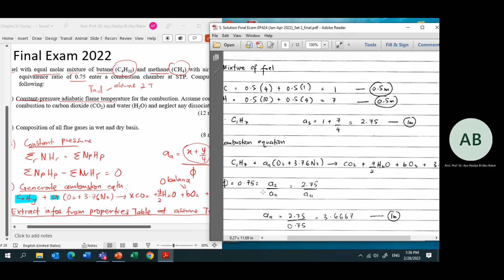The what? The C here. 0.5, 0.5. It is equimolar. Oh yeah, correct. Here is 2.5. It should be 2.5.